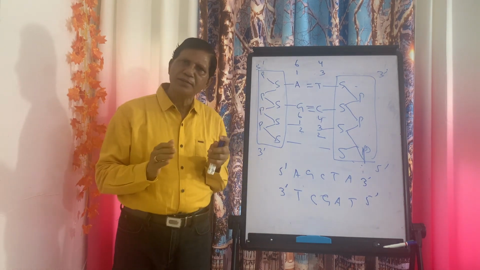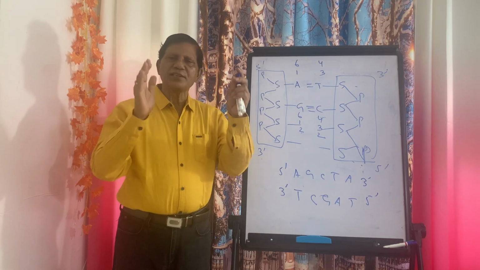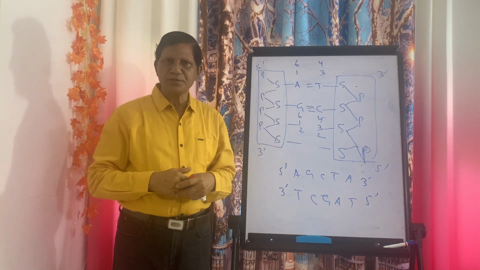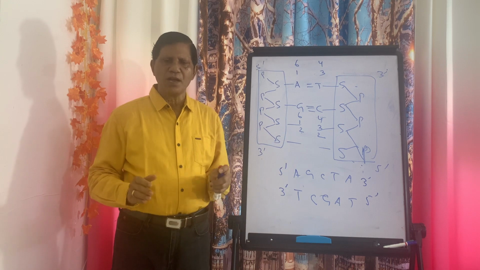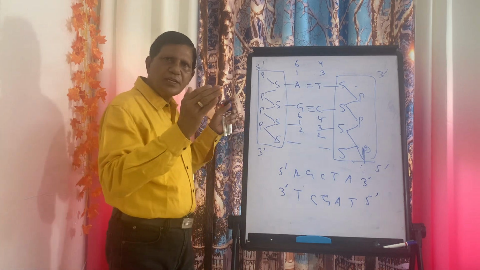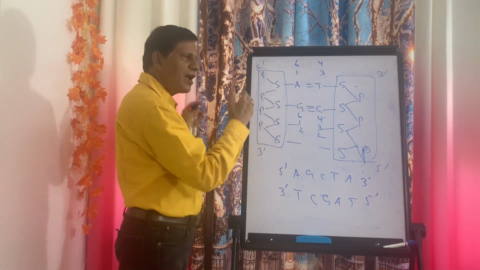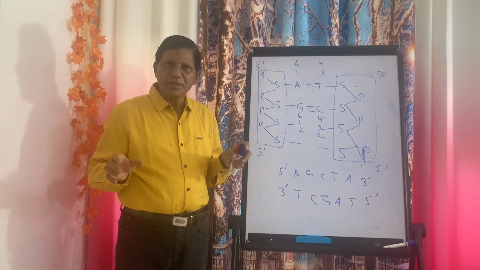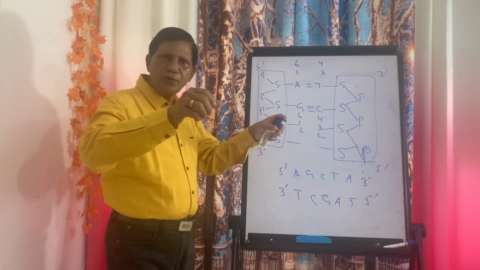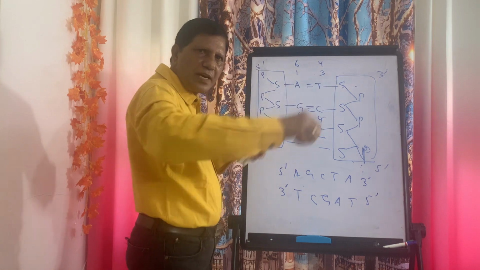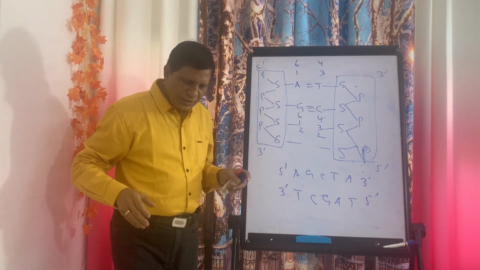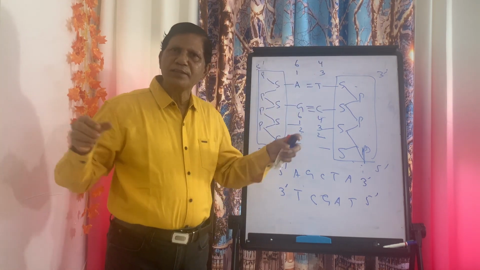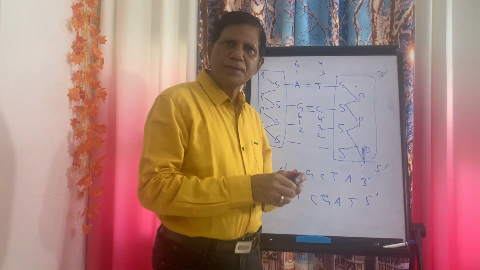If you have noticed, some iron ladders are present in front of some shops where there is no sufficient space, how do they run? In a limited space it runs like this. And the sugar phosphates form the backbones, just like you hold the 2 sides. And the steps are just like the ATGC base pairs.